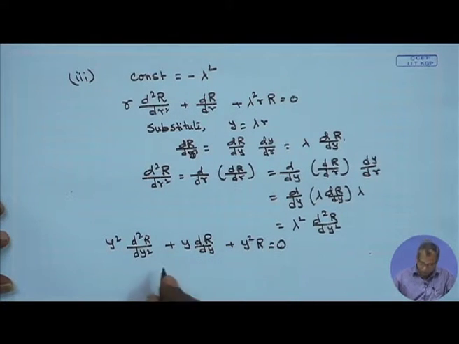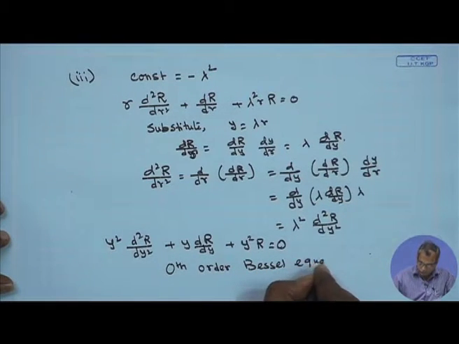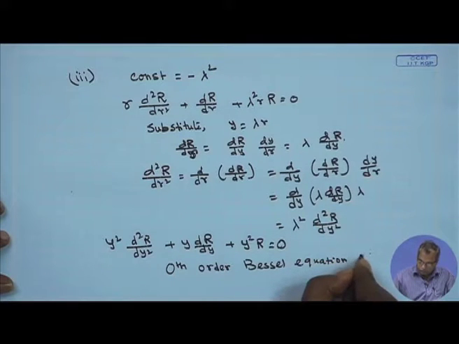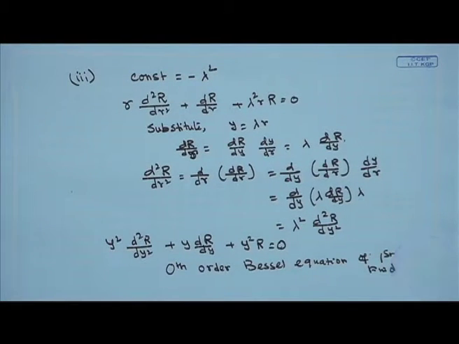So, this is nothing but the 0th order Bessel equation of first kind. We have already looked into this problem earlier, and the solution of this equation is composed of the 0th order Bessel functions J0 and Y0.